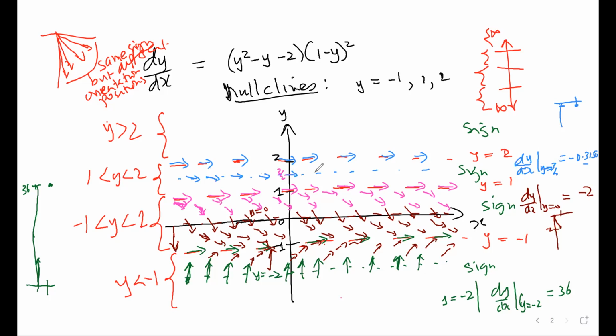So we have that kind of orientation, almost flat, almost flat everywhere, because by the time you reach the nullcline, you need to flatten again.